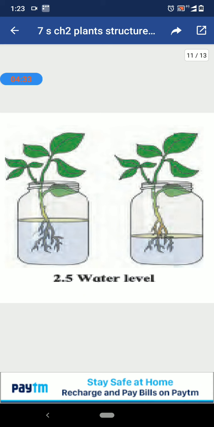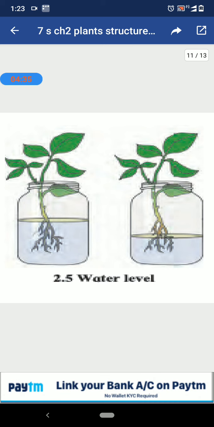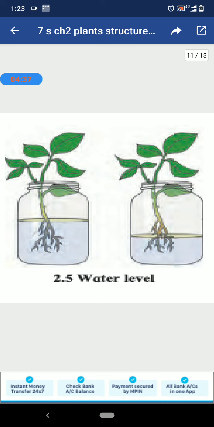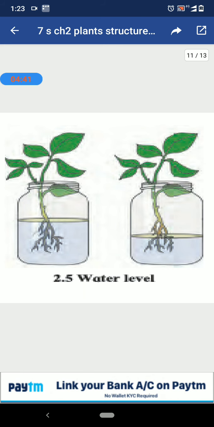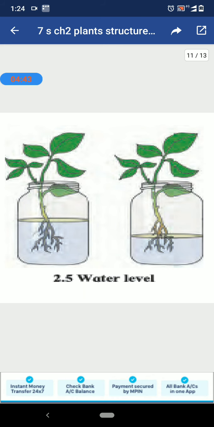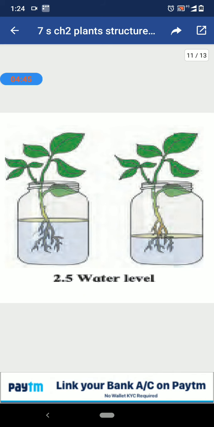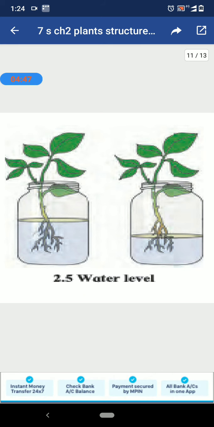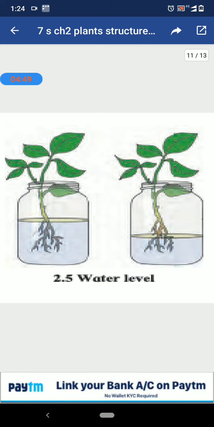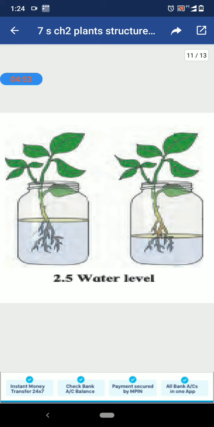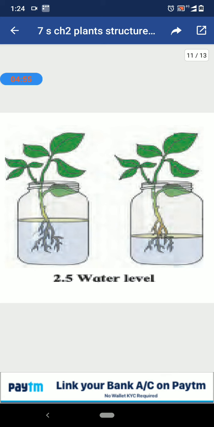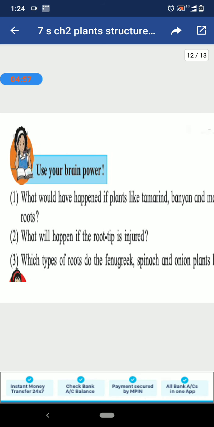This experiment is also in your journals and you have tried the observation. What did you observe? In the first container the water content is high as compared to the second container. Why did the water level reduce? Because it was absorbed by the plants for growth. We will write that observation in your journals. Now we will move to the second point.